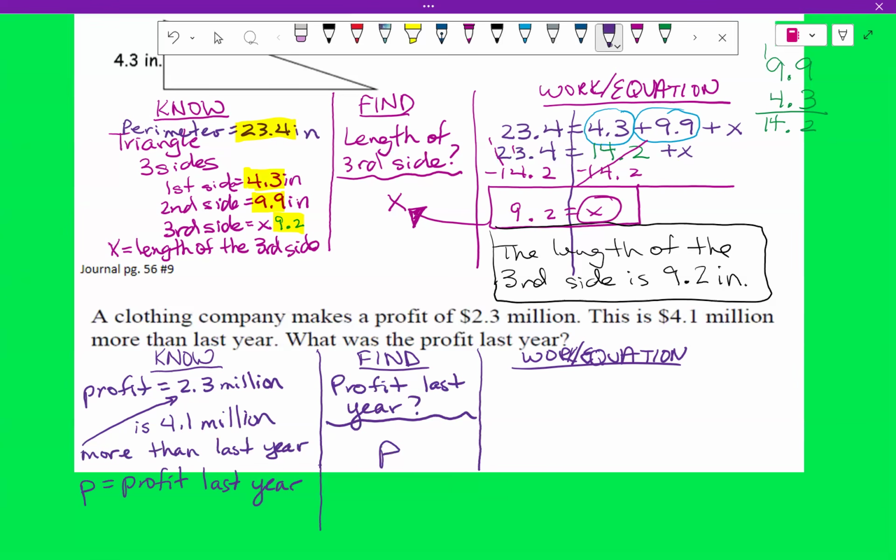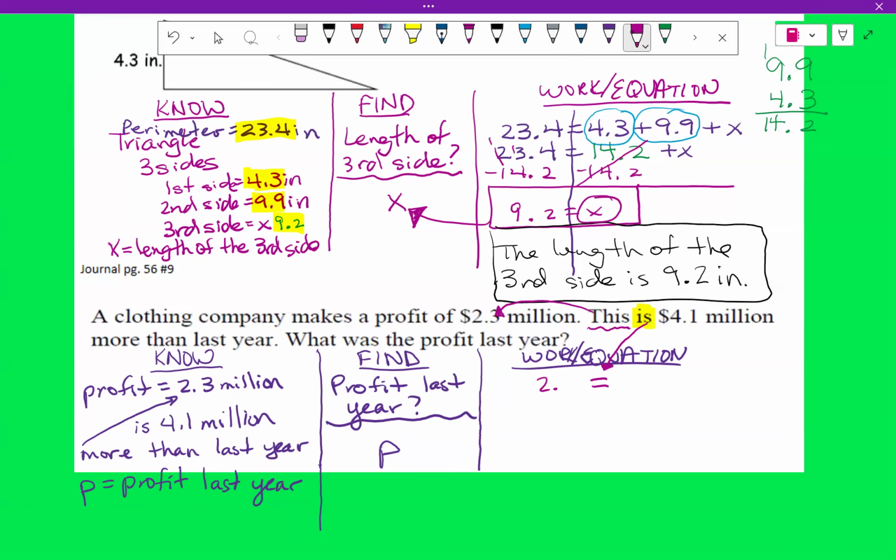So this one gets a little bit tricky, but we have to pay attention to the words. So it says the company makes the profit of 2.3 million, and then it says this is. What does is mean in math? Exactly, it says equals. So is means equals. And when it's saying this is, what was it referring to? It was referring to this because it comes afterward.